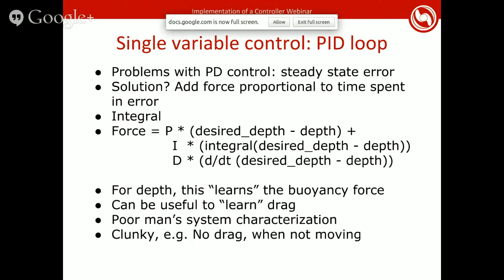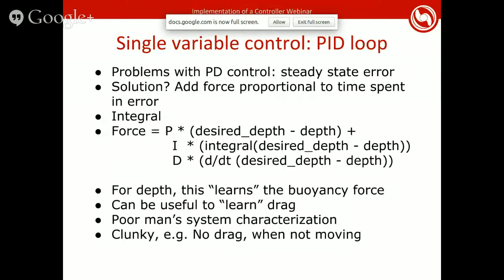It's essentially poor man's system characterization, because it allows you to learn and sweep under the rug certain complex terms that you don't want to worry about modeling, and it can be nice in that sense, but it's also going to be a little bit clunky because it assumes it's a steady state, it's always there. There are schemes you could do which clear the integral term when crossing 0 or some predetermined value.